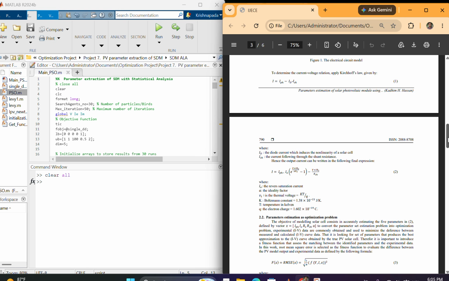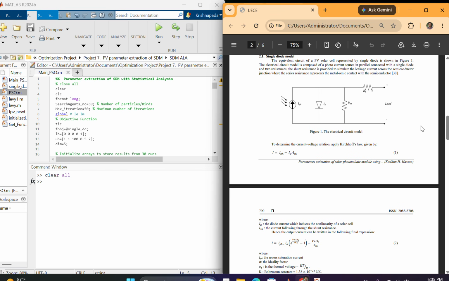It aims to accurately extract the key PV parameters such as photocurrent, diode saturation current, ideality factor, series resistance, and shunt resistance. Series resistance, shunt resistance, IPS photocurrent.